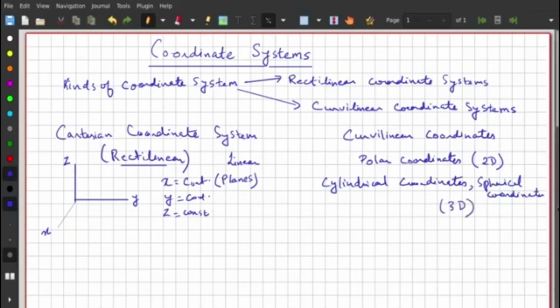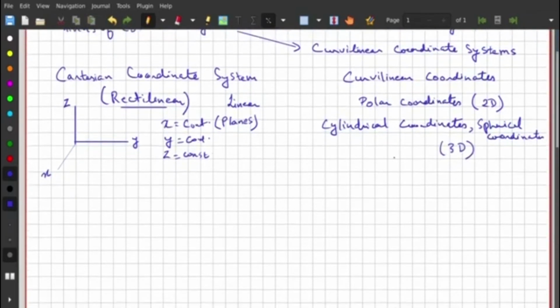Okay, so these are examples of curvilinear coordinates, because as you can see, let's take an example, drawing the polar coordinates. Let's say in a 2-dimensional rectilinear coordinate system, that is a Cartesian coordinate system, we have x and y.